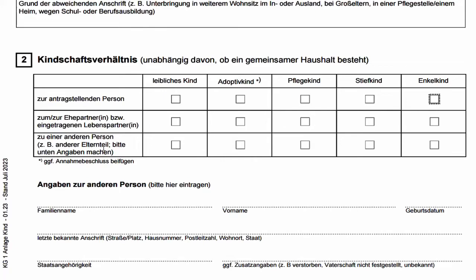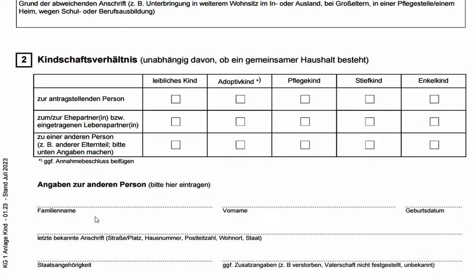Or if this child has a relationship to another person or to another parent, you mark one of these options here. And in this part here, you provide more information about the other person with whom this child has a relationship.